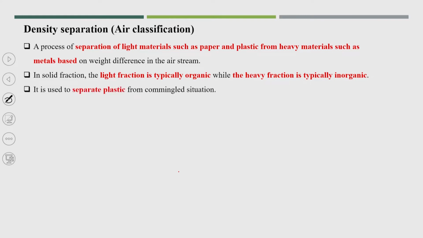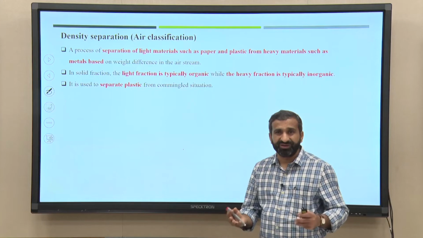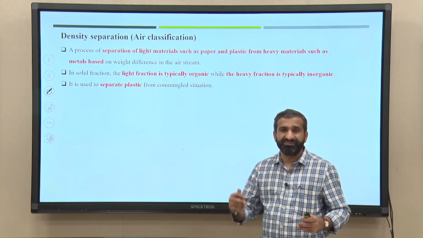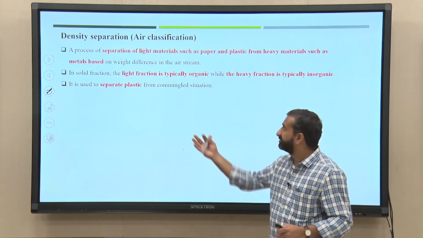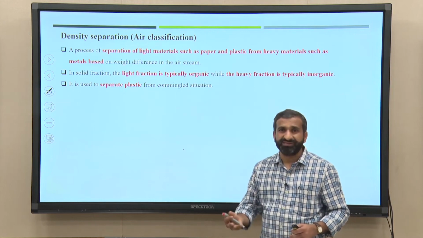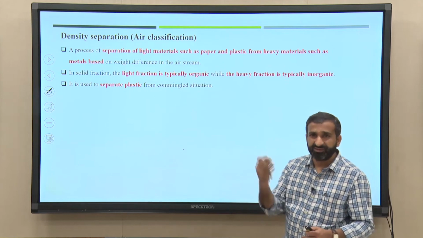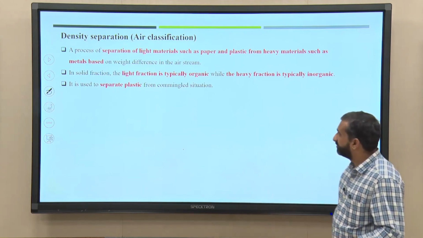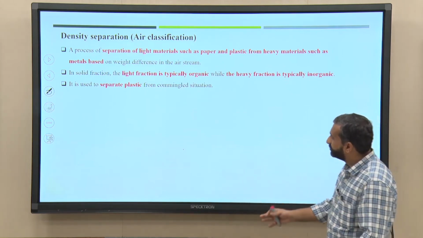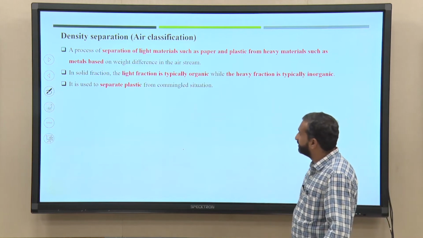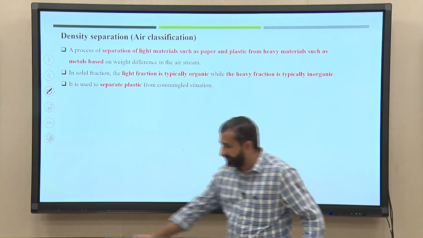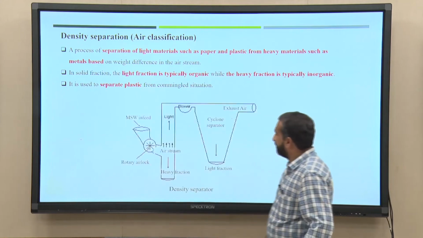Suppose the biological waste also comes into this kind of unit operation, that will be a light material and also get separated. It is used to separate especially plastic from the commingled or mixed material.